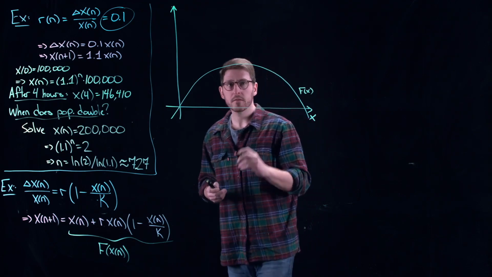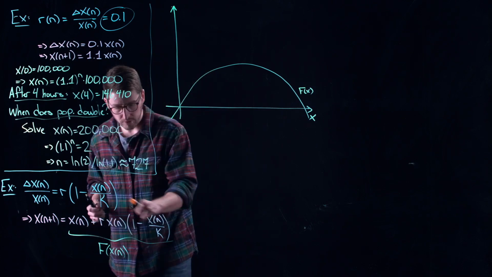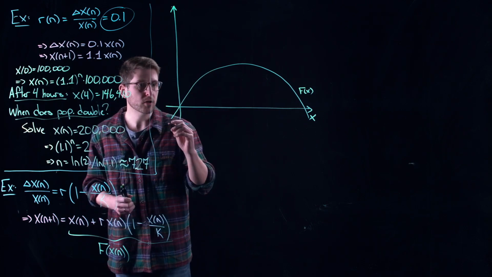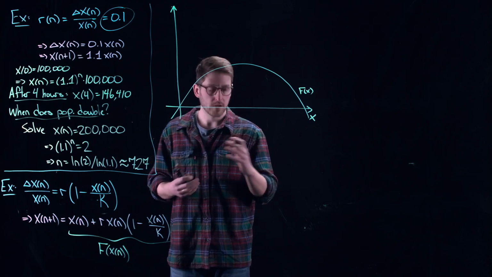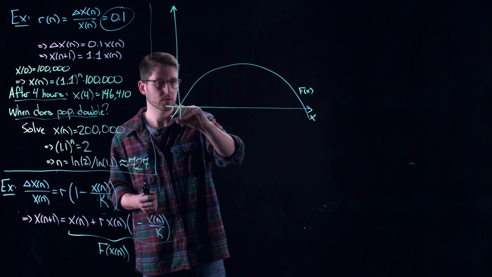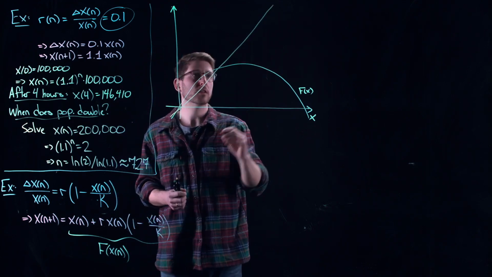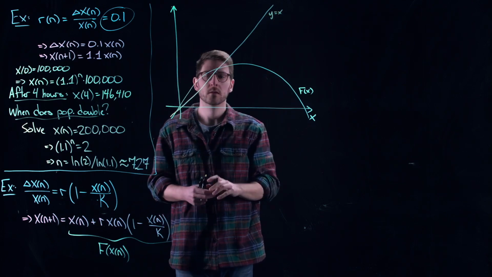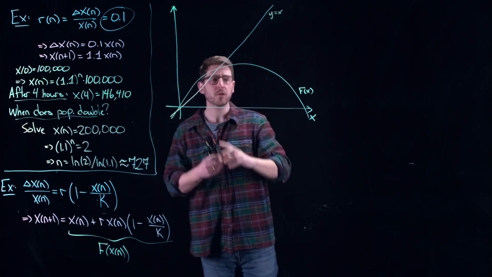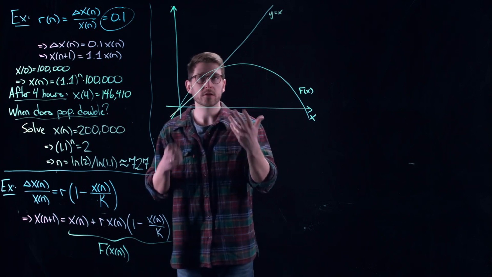All right, and what I'm going to do on top of this function, so not only plotting the right-hand side here, I'm going to plot another function, which is just y equal to x. Nothing fancy, nothing special. Okay, so this is y equal to x. Now, the first thing that I want you to notice about these two pictures is that they intersect.